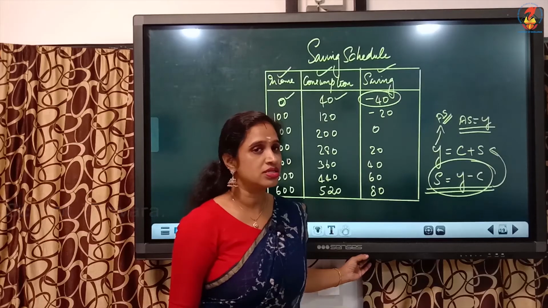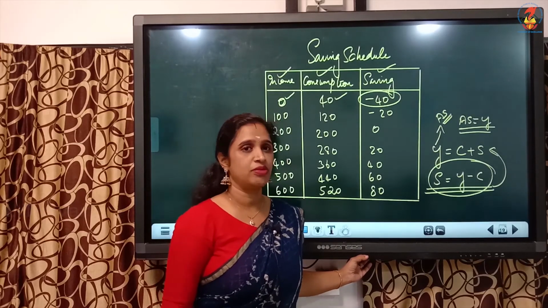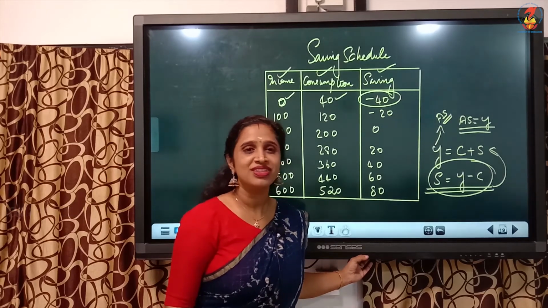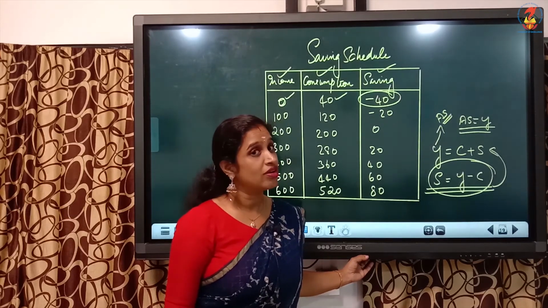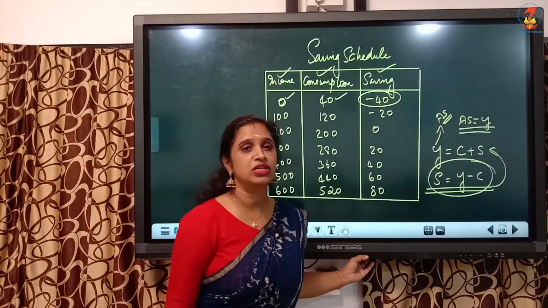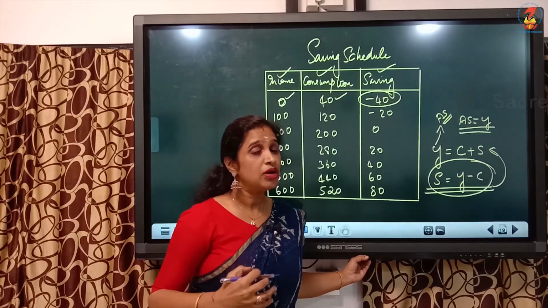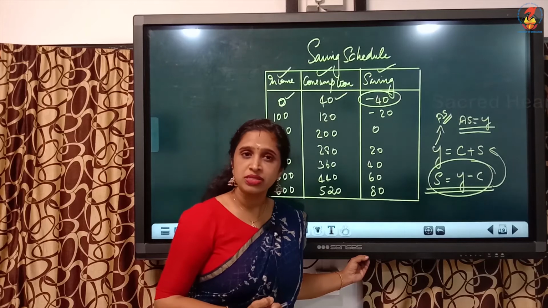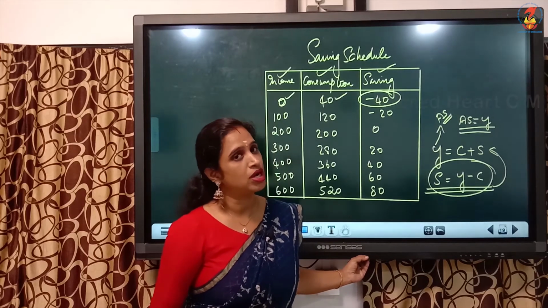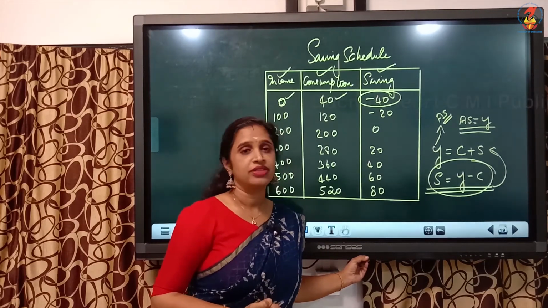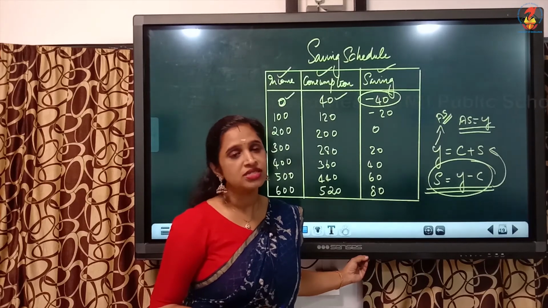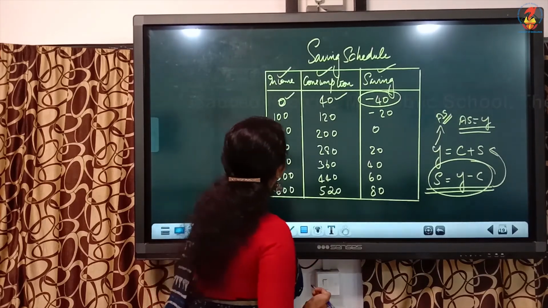How minus 40? Because it is dis-saving. Why is it dis-saving? Because you know autonomous consumption. Even at 0 level of income, there is a minimum level of consumption as 40. People will take this amount from their past saving, therefore saving will become negative. That is why the first value is minus 40. Now comes the next one.